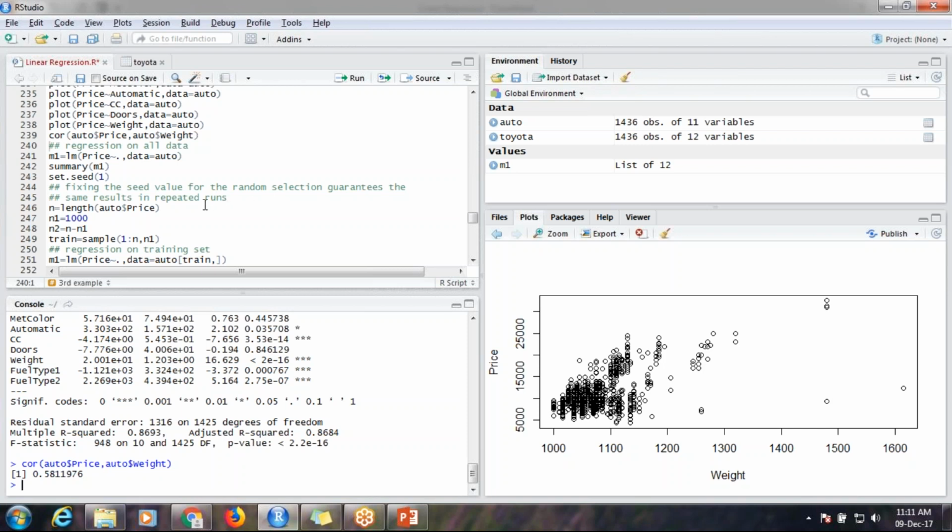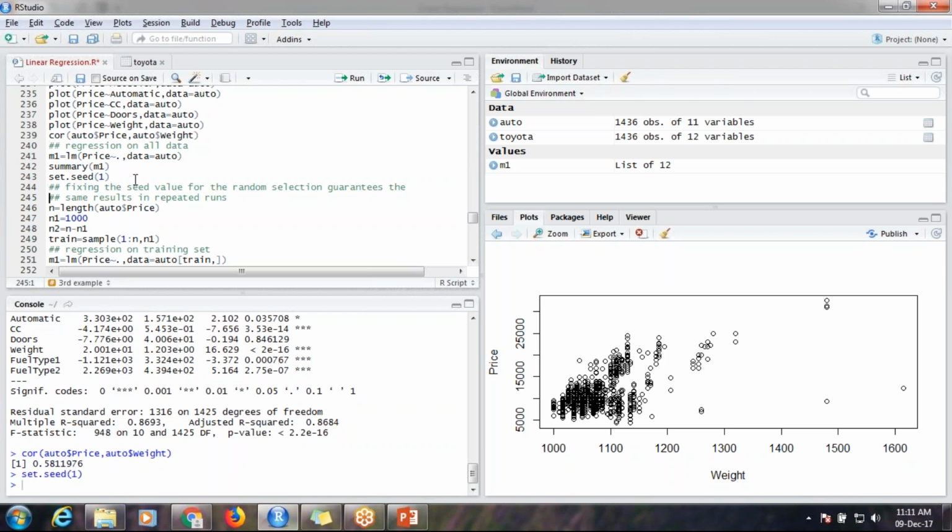So let us look at some of the other transformations, and let's see what else we can do with the data set. So here I am splitting my data into a train and test, and trying to predict using all the variables, to see how well it will do.